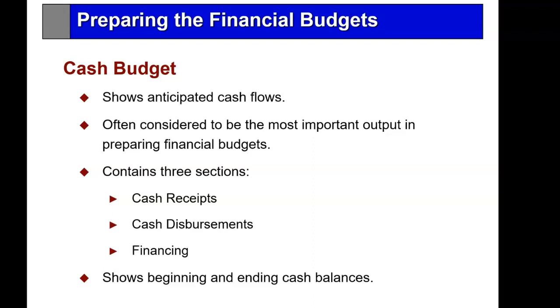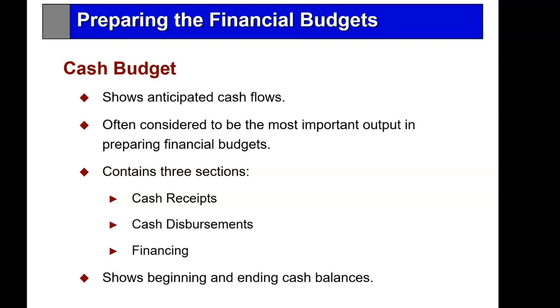And you notice I can build quarter 1, quarter 2, quarter 3, quarter 4, and I can use my Excel and I can go right across and make the calculations and do all that. But the cash budget is different because I have to estimate my cash through the first quarter, because at the end of the first quarter, that cash balance is the opening cash balance of the second quarter.